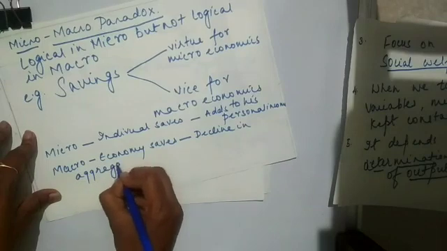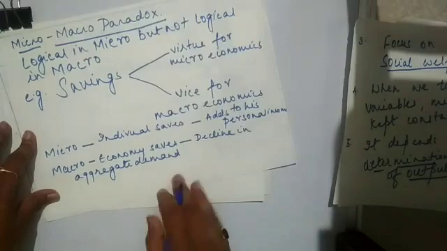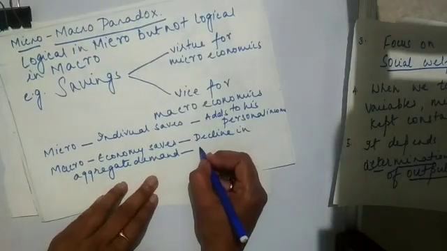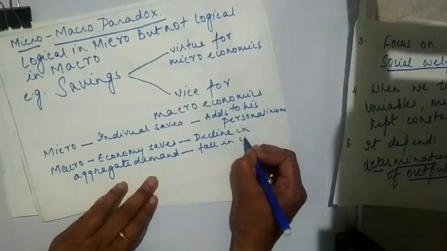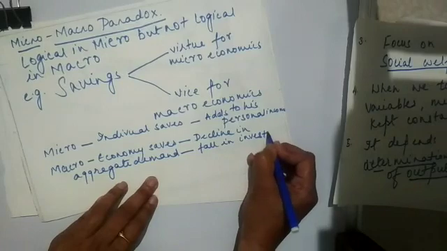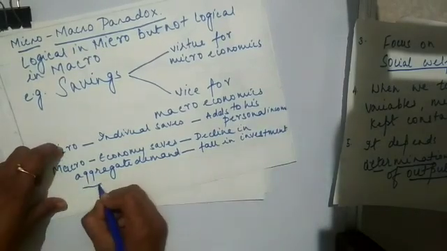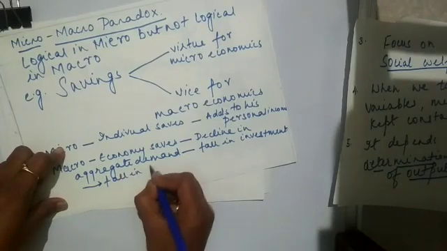Aggregate means total demand. Leads to decline in aggregate demand, which leads to fall in investment. This leads to fall in production.